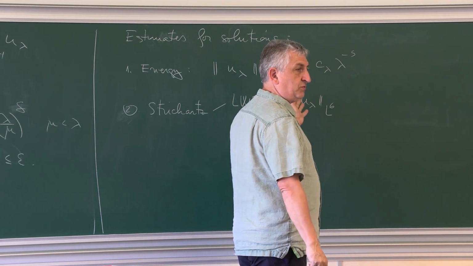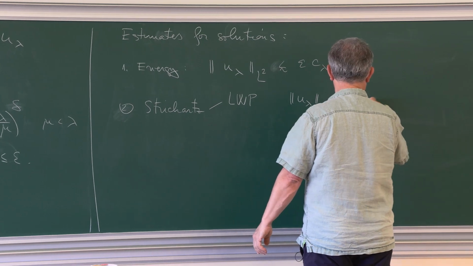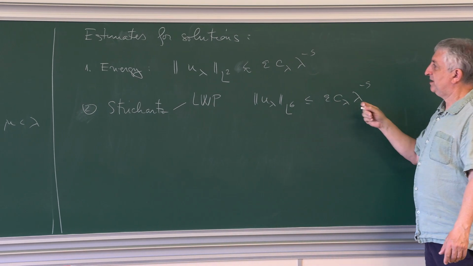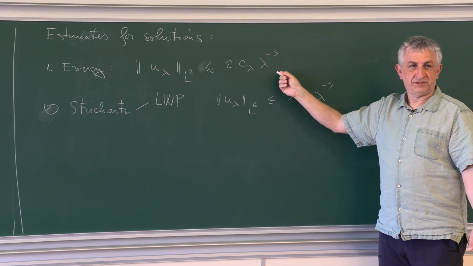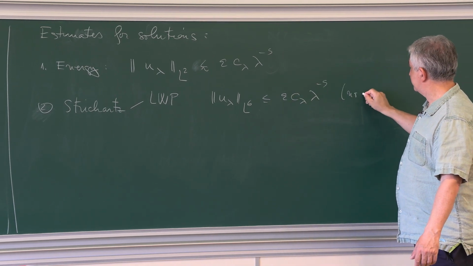And also this is the only one that actually gets used in the proof, smaller than epsilon c lambda to the minus s. So observe that the constant here is the same as the constant here, which means that this is a Strichartz with no loss.